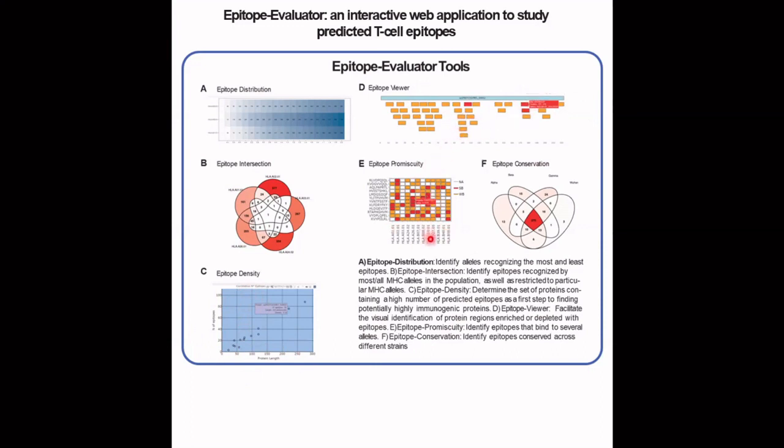Then we have the promiscuity, important to identify strong binder but also weak binder epitopes, and the conservation to see which epitopes are conserved and which are specific to different variants or to different strains.